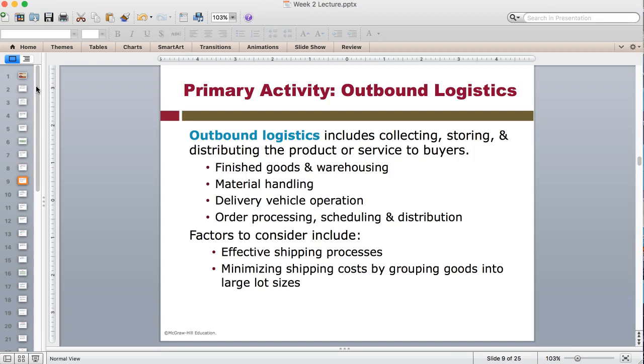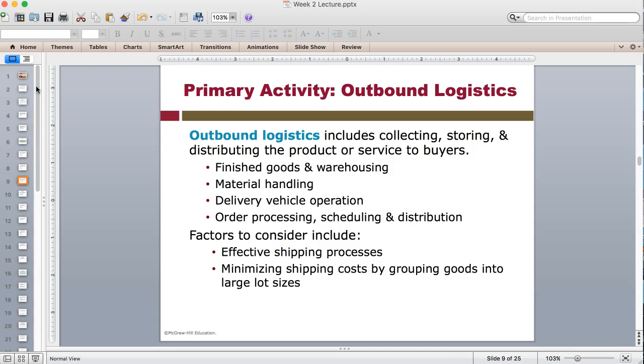Outbound logistics basically has to do with getting the product out of your facility and into the hands of the consumer, or into the hands of a company or a retail store, depending on what you're making. Some companies have outsourced this to FedEx and UPS. Okay, we're going to talk about that as we go forward in the class. But outbound logistics for some organizations is really not of great interest and wouldn't be included in your value chain.